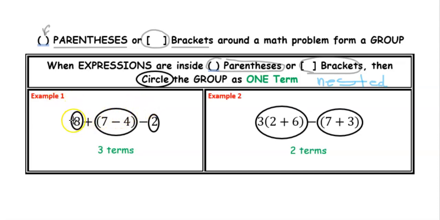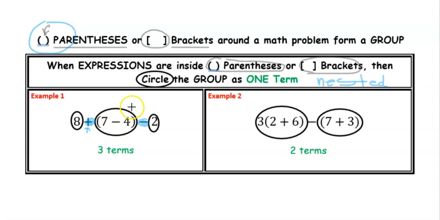So we're looking at example 1, and we just want to identify terms again. We want to practice looking at how to identify those terms when we have grouping symbols. So we're going to start here. We can notice the pluses and minuses. I'm going to highlight those, but notice I skipped the one inside the parentheses, because that is not going to be an addition or subtraction we highlight when they're in parentheses.